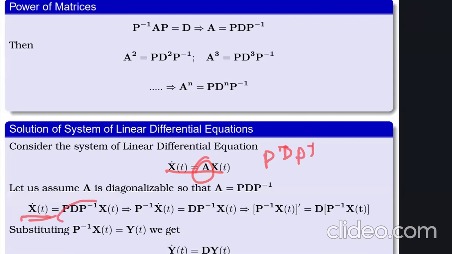After replacing A, just multiply both sides by P inverse. So this is d/dt of P inverse x.